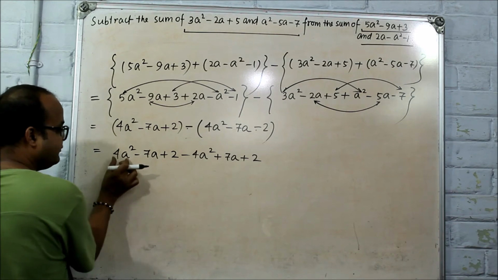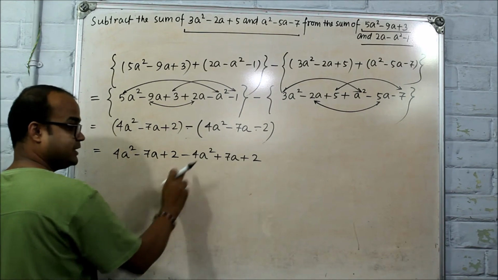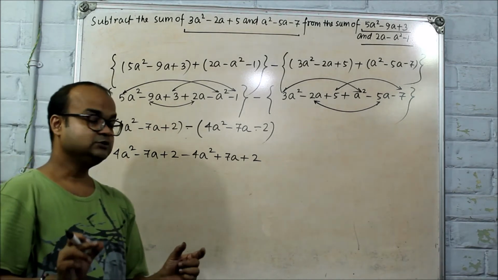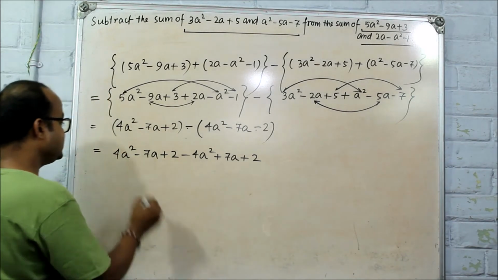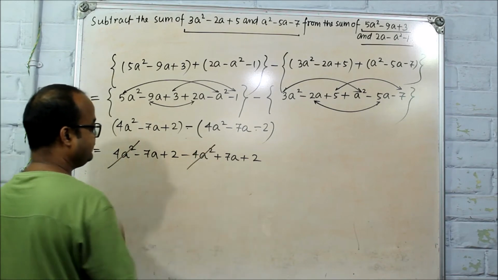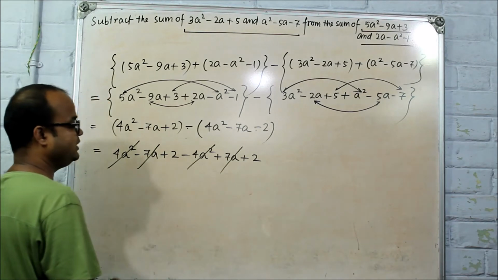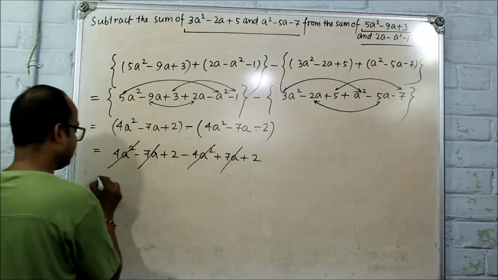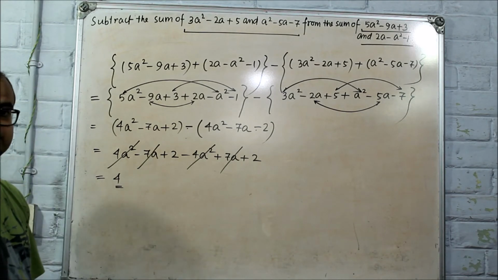So see, 4a square is positive, this is negative. Two terms with same magnitude but opposite in sign will cancel each other. So 4a square and minus 4a square will get cancelled. Minus 7a and plus 7a will get cancelled. 2 plus 2 is equal to 4. So your answer is 4.